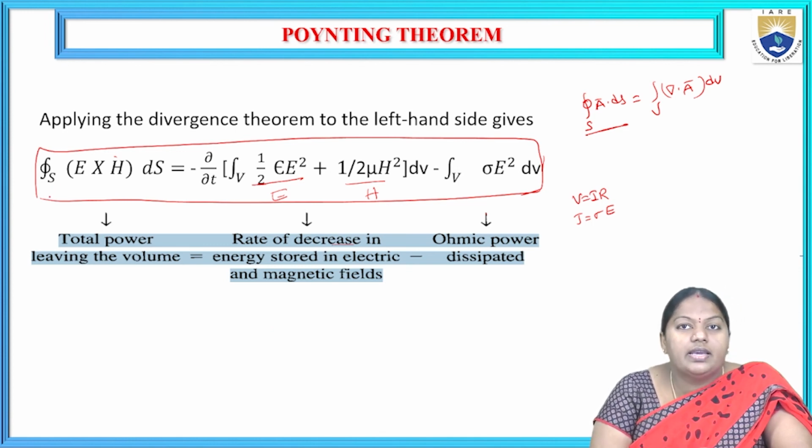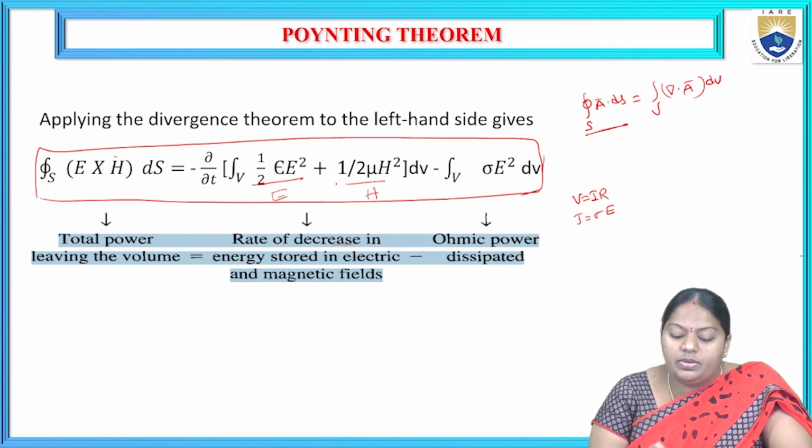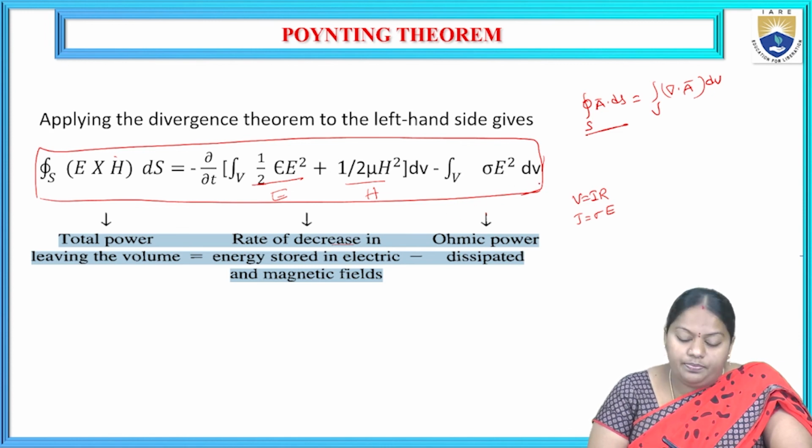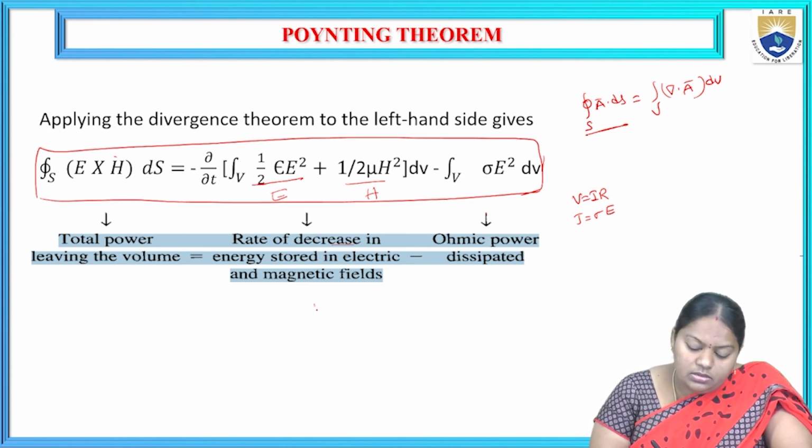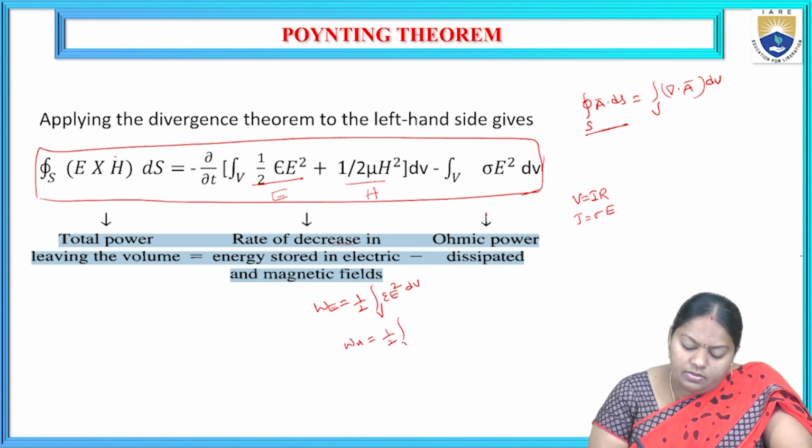closed surface integral S E bar cross H bar dS is equal to minus dou by dou t integral V (half epsilon E square plus half mu H square) dV minus integral V sigma E square dV, right? So the energy stored in the electric fields is given by half integral V epsilon E square dV, and the energy stored in the magnetic fields is given by half integral V mu H square dV.